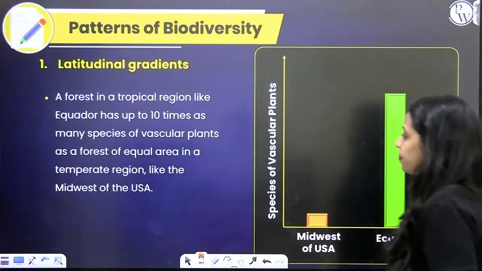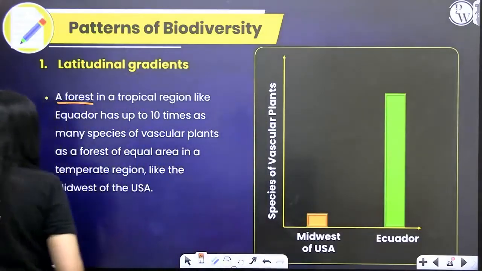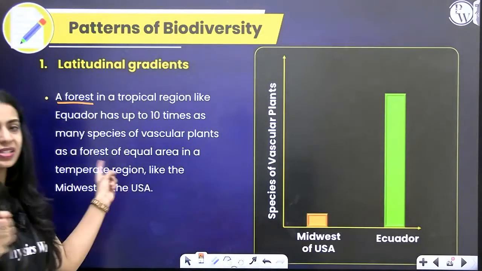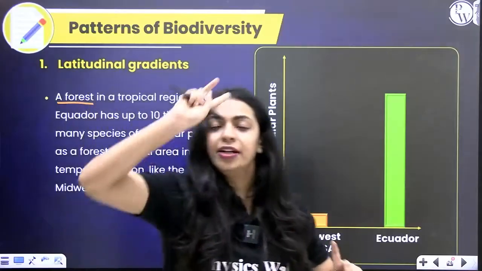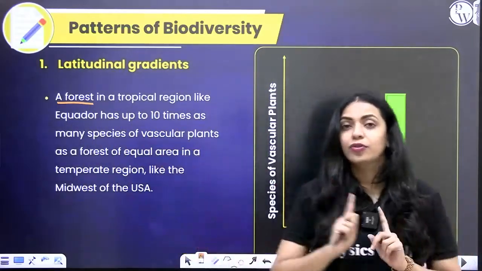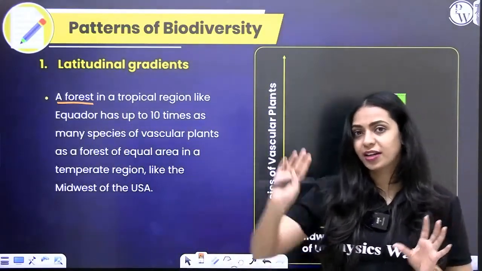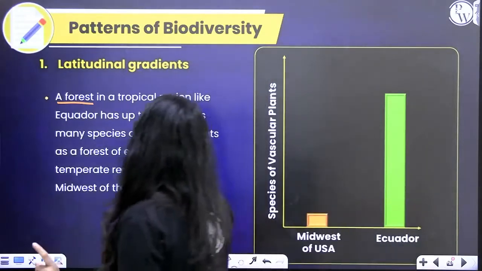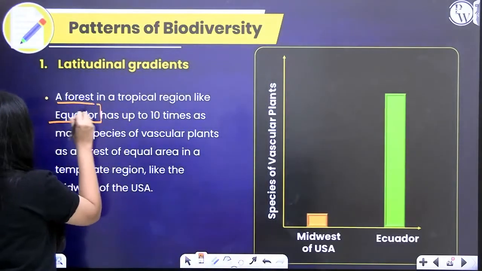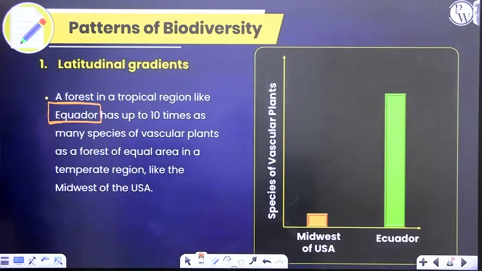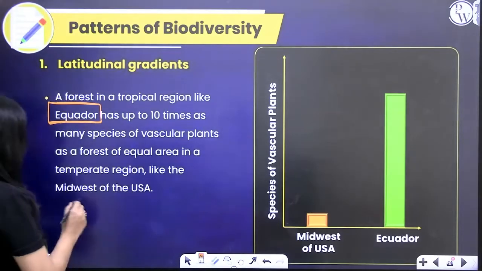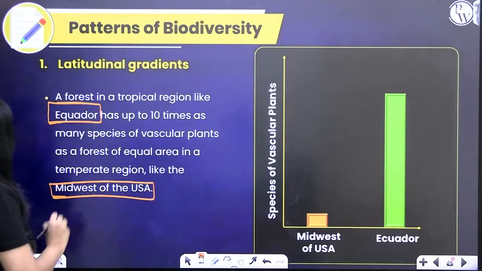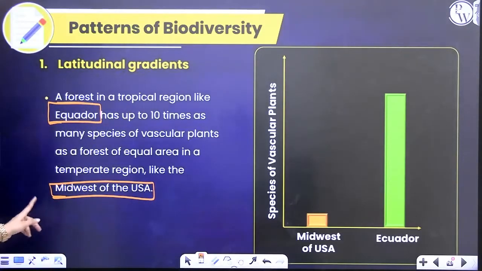Let's consider a forest area in two different regions. The area of the forest is the same, but we are considering it in two different regions. One is in Ecuador. Ecuador, as the name indicates, is very close to the equator. The equator falls on Ecuador. And we'll consider a region in the Midwest of USA. This is temperate.